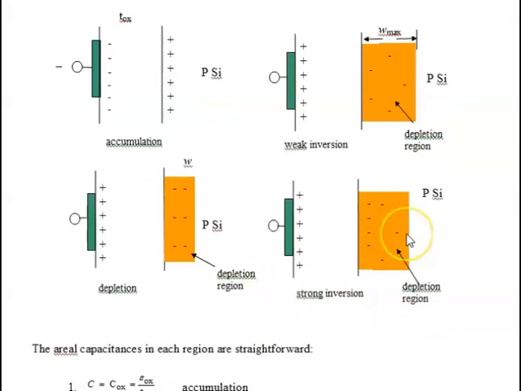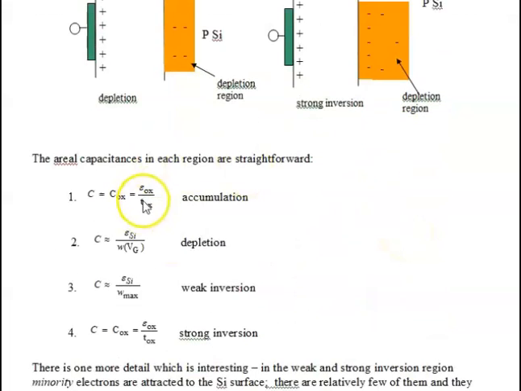So now to calculate these capacitances, it's fairly straightforward in the three regions. In region 1, the areal capacitance is Cox, which is the permittivity of the oxide divided by the oxide thickness. In depletion, the capacitance is approximately equal to the permittivity of the silicon, not of the oxide, which is about 3 times larger than the oxide, divided by the depletion width.